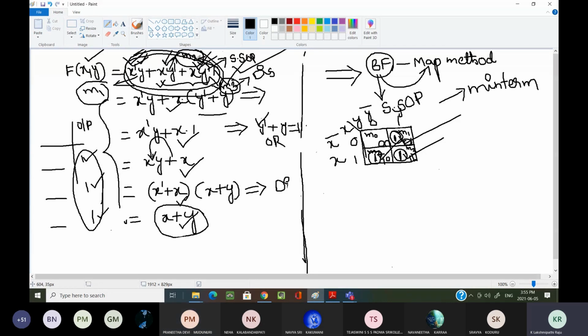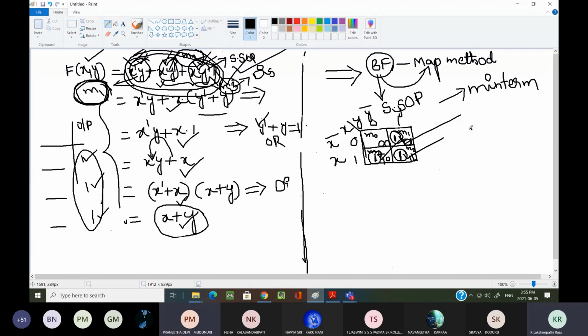For those product terms, you need to fill ones in the map. In the given expression, we have three product terms, and in those cell positions I am placing ones.